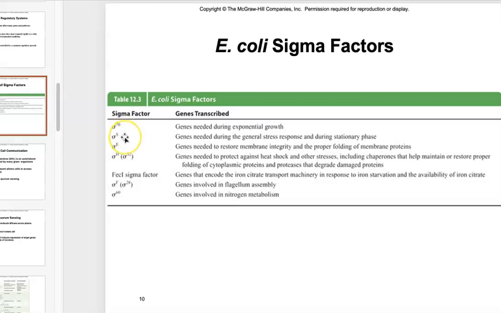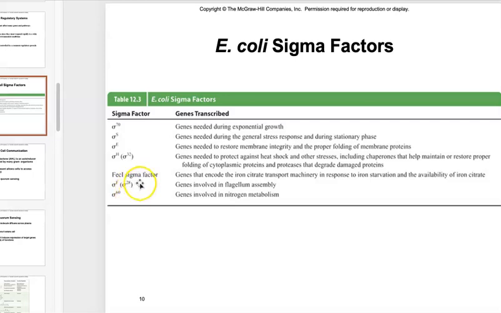There's another one called sigma S that's for activating general stress response during stationary phase. So the microbe will favor sigma S as the environment starts getting terrible and the microbes stop growing as well. But there's a whole bunch of others, and I had even mentioned this one previously in the discussion about the regulation and the building of the basal body motor and flagellum, sigma 28.